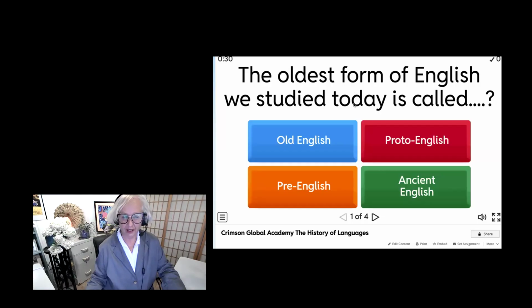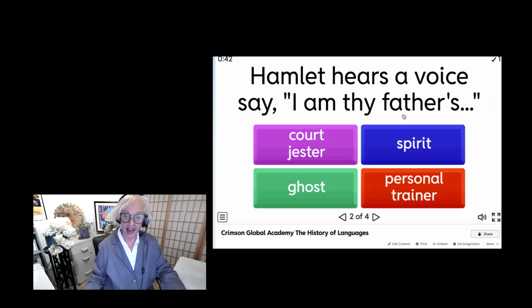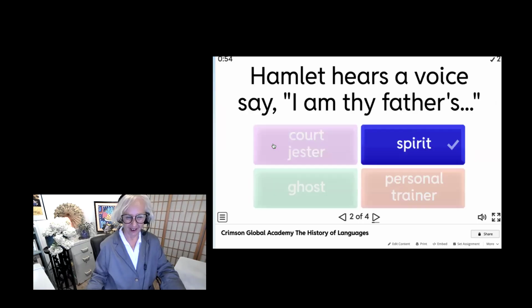The oldest form of English we studied today is called not Proto-English, not Pre-English, Old English. And Hamlet hears a voice that says, I am thy father's court jester. No. Spirit.